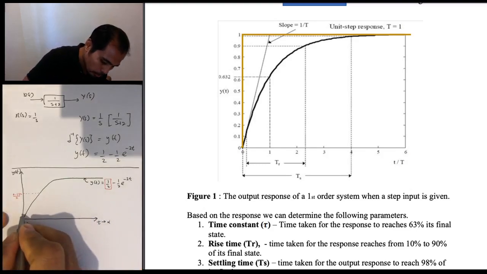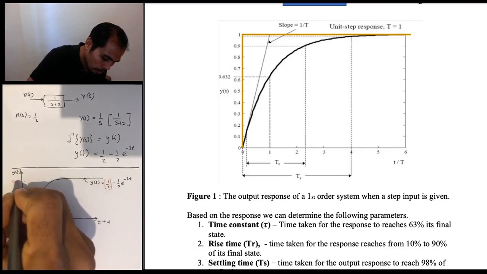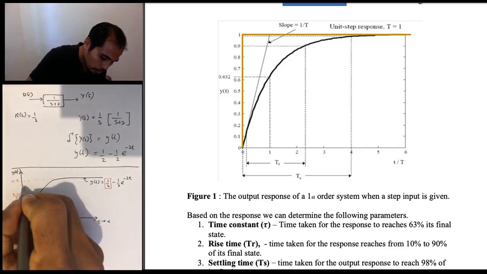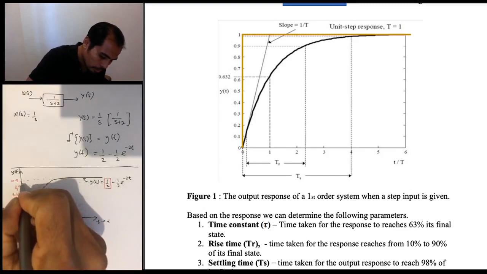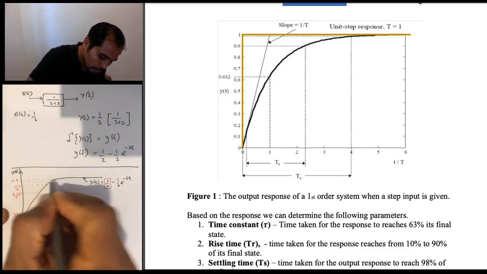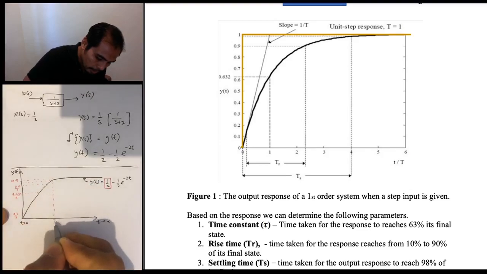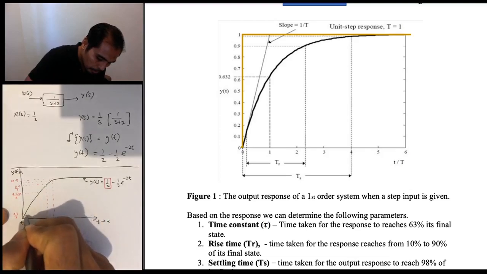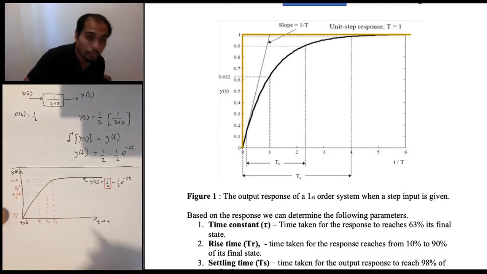Same here, 0.1, because we know that the output here is 0.5, so you have to divide by 2. 0.9 divided by 2, 0.98 for settling time, t_s, t2, t1, tau, right?